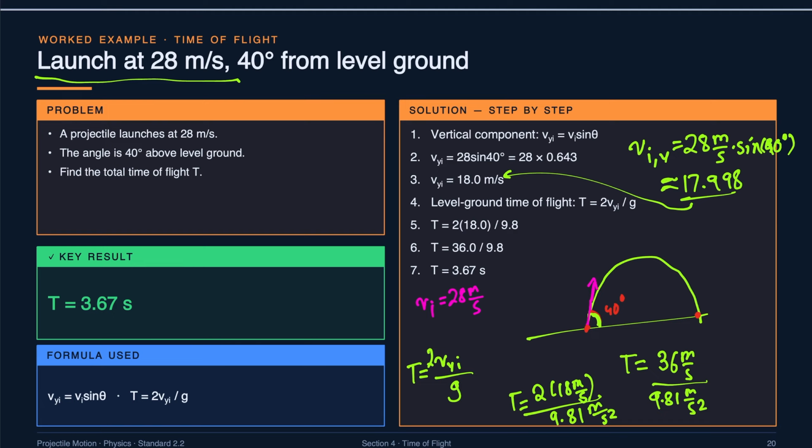So the meters per second cancel out, but one second remains, right? Because this is basically seconds squared over meters. So one of the seconds still remains. And your answer is going to be 36 divided by 9.81 seconds, which is approximately 3.67 seconds. That's how you find the time of flight.